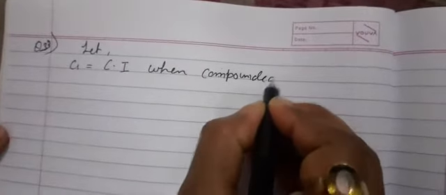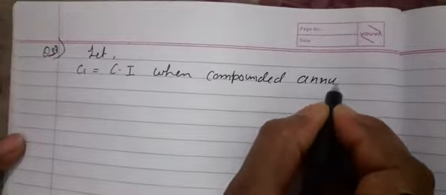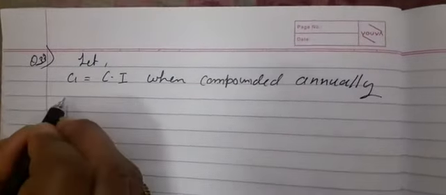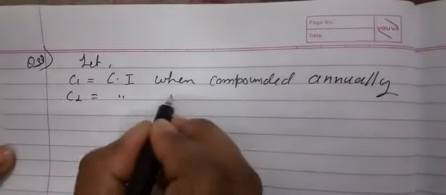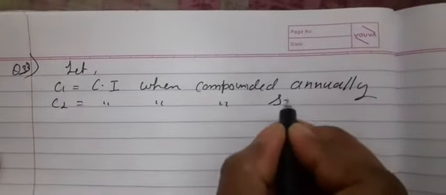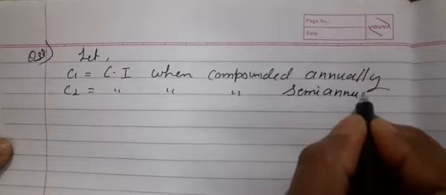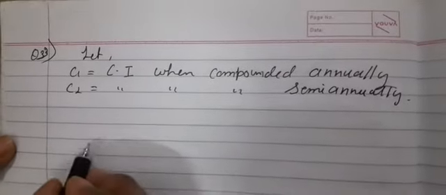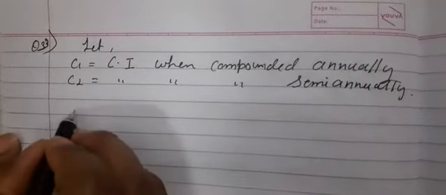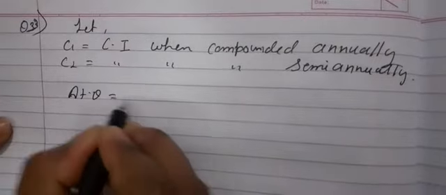Let C1 be the compound interest when compounded annually. C2 is the compound interest when compounded semi-annually or half yearly. According to the question, what is the relation between C2 and C1?